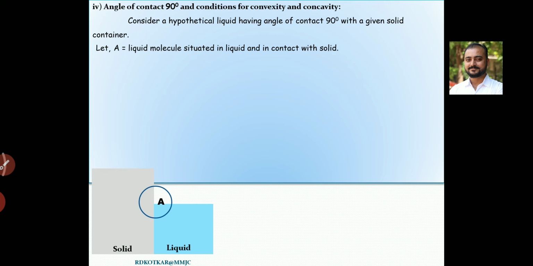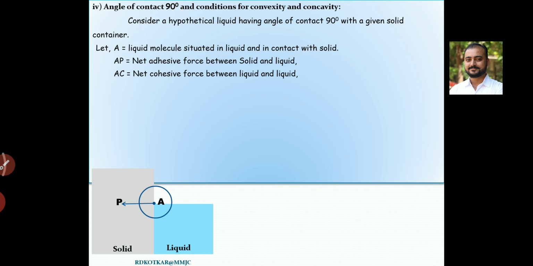Okay, then, similar to the previous one, AP be the net adhesive force. It is the adhesive force between different molecules, that is solid and liquid, which is shown here by this arrow or vector AP. Okay, what about the next?